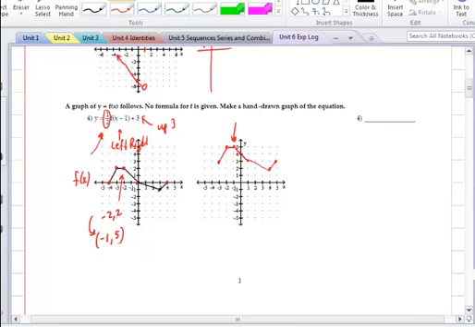Now, you do that for all your points, but then you have to deal with this little 1/2 factor. What that 1/2 means is that all the y values that the function had are half as much as they were. So this point that was at 0 is going to stay at 0. All these other points would just be squeezed by a factor of 1/2.